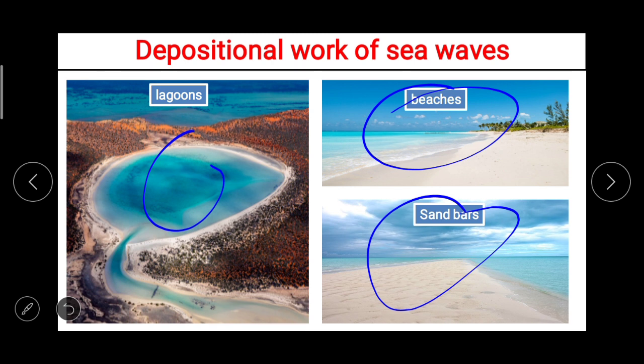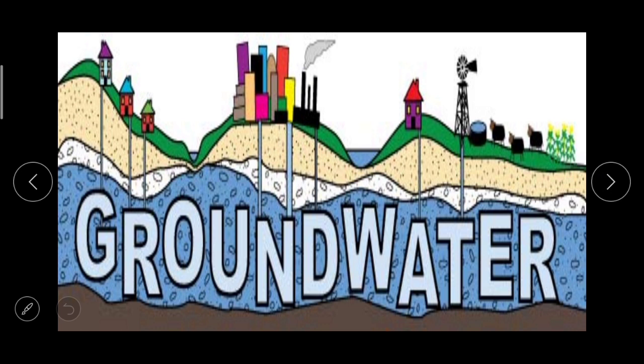And now the next thing and the last from this topic, work of groundwater and landforms produced. Now, the rainwater seeps below the earth's surface through porous rocks or cracks in the rocks, and this water accumulates in the non-porous layer of the rock.